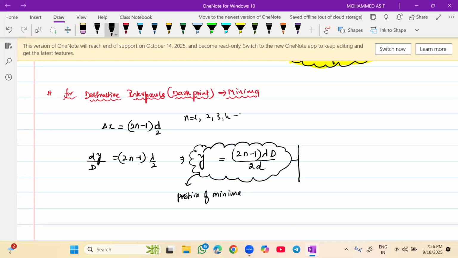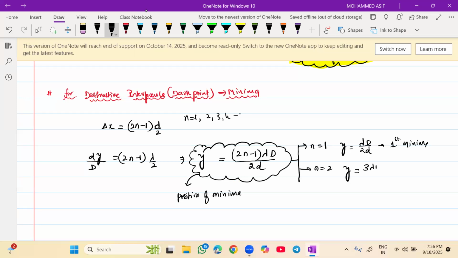In this case, if I'm taking n equal to 1, then where do we get the first minimum? y is equal to 2 into 1 is 2, 2 minus 1 is 1. So it is lambda into capital D divided by 2d. This is your first minimum. The same way, if I take n equal to 2, then 2 into 2 is 4, 4 minus 1 is 3.